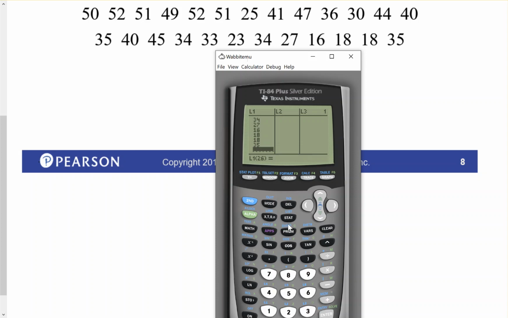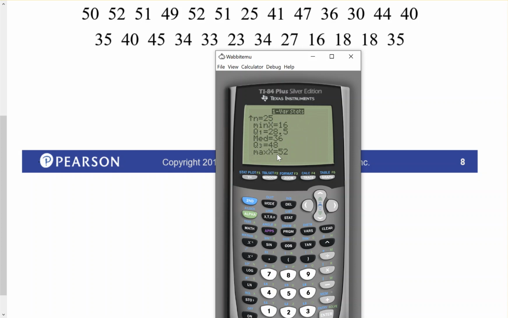Okay, so we go back to stat. Go right arrow, calc, one variable stats, L1, go down to calculate. So it gives us our mean, 37.04. It gives us our standard deviation for the sample, standard deviation for the population, n is 25, so that's good.